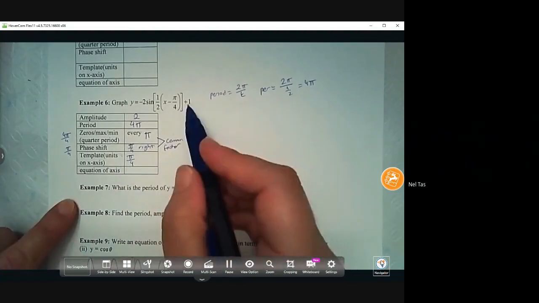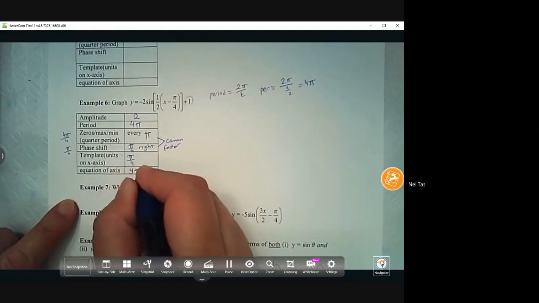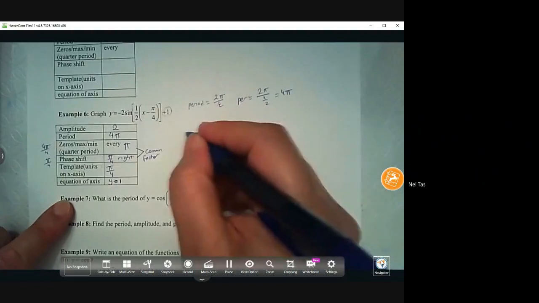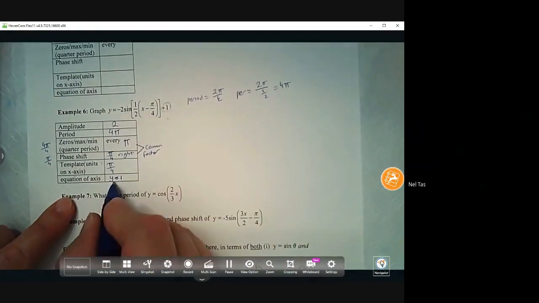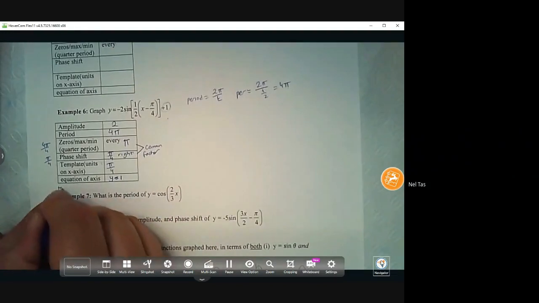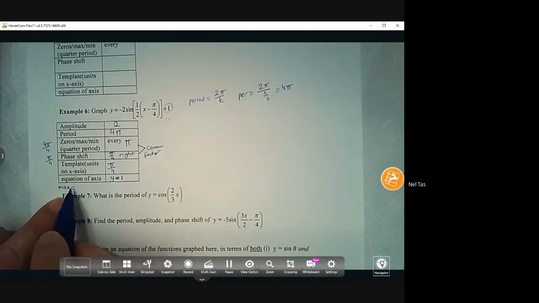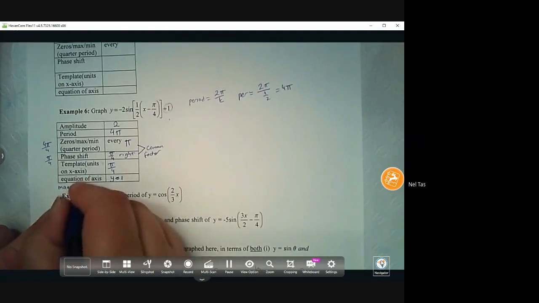Equation of axis. Here we have 1, so y equals 1. Now we are ready to sketch. Based on this equation of axis, you can also look at your maximum and minimum value. Let's remember, maximum is equation of axis plus the amplitude. That gives us 3.